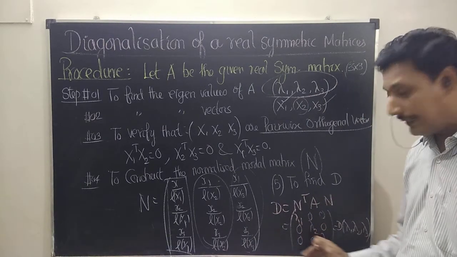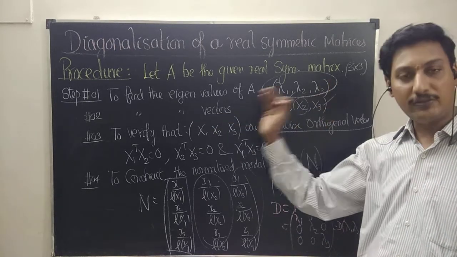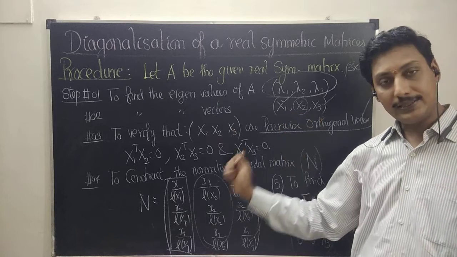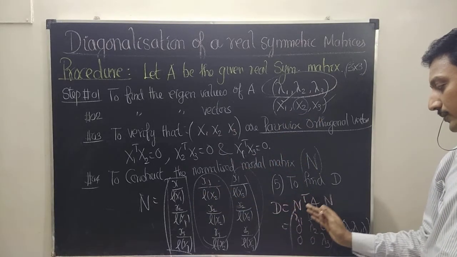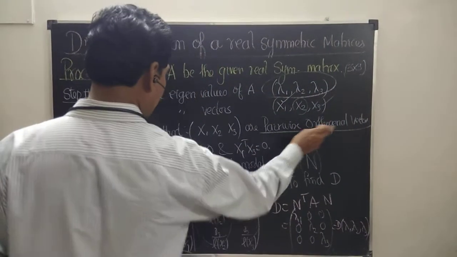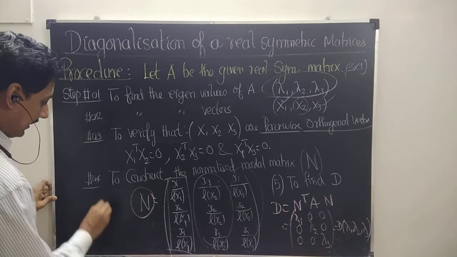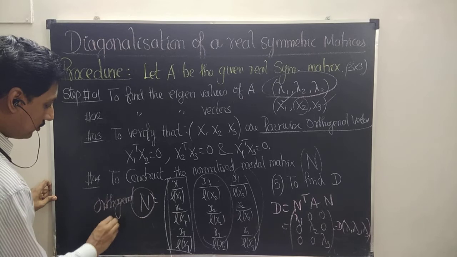But how do we get this diagonal matrix? Let us find the eigenvectors, check whether they are pairwise orthogonal, construct the normalized modal matrix and compute D equals N transpose A N. And one more thing, if they are pairwise orthogonal, obviously N is an orthogonal matrix.